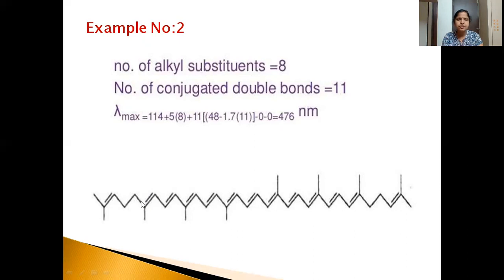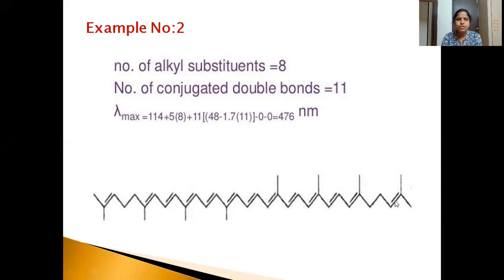Okay, till here we have conjugation. So 1, 2, 3, 4, 5, 6, 7 and 8. So this part, just look carefully, from here to here, this part is conjugated.